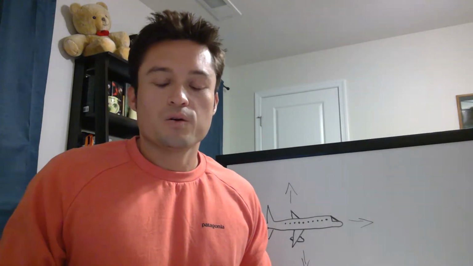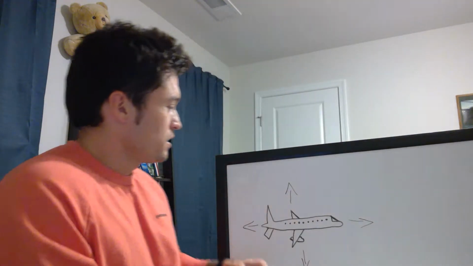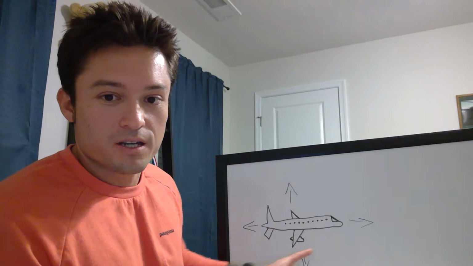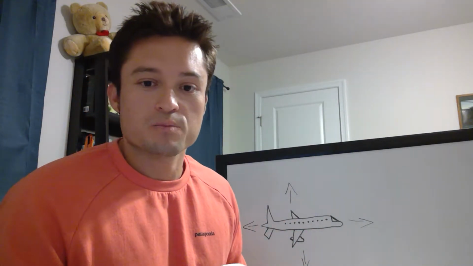And when they're all balanced, when lift equals weight and thrust equals drag, the airplane is balanced, which is what will keep it in straight flight.